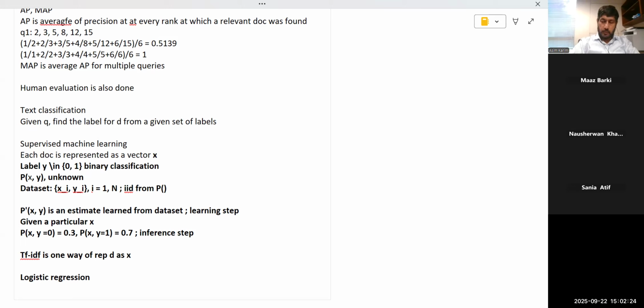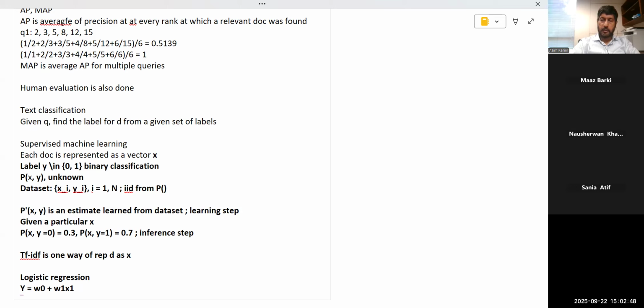And I guess you all must have studied linear regression. So, for example, a function like y is equal to w naught plus w1 x1. By the way, when I write x1, this means x subscript 1, and this refers to a feature of that vector x.